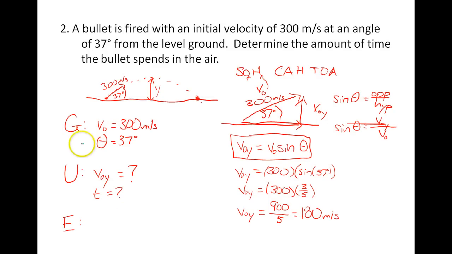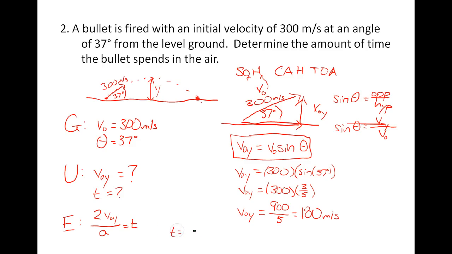So it ended up being 2 times the initial velocity in the y direction divided by the acceleration, and that gave us our time. This 2 times the initial velocity is equal to our change in velocity, so this is really delta v right here. So let's plug in some numbers to that real quick, and that will give us time.